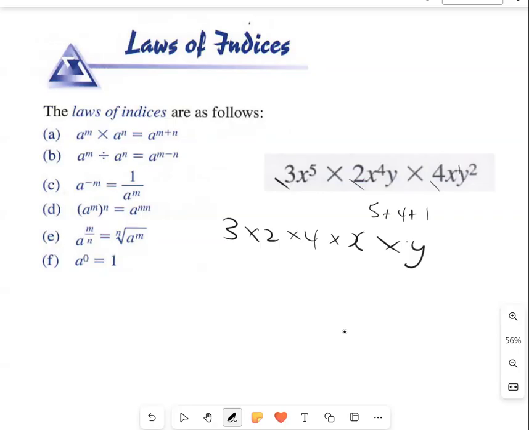You get y to the 1 plus 2. There's a power 1 there, even though we don't normally write it. So you get 3 by 2 is 6 by 4, 24. X to the 5 and 4 and 1, 5 plus 4 and 1 is 10. X to the 10 power. Y to the 3 power.